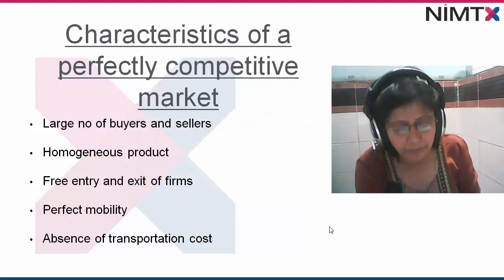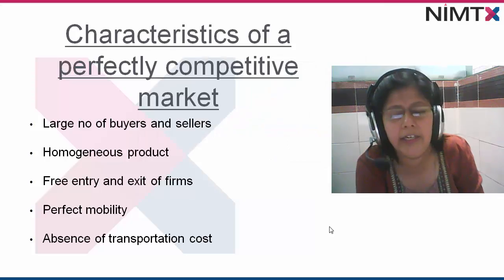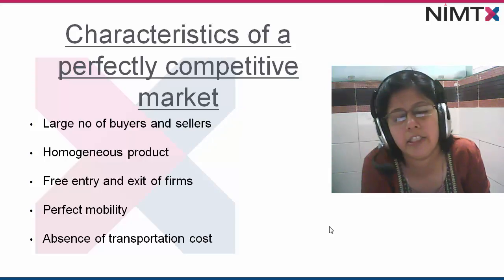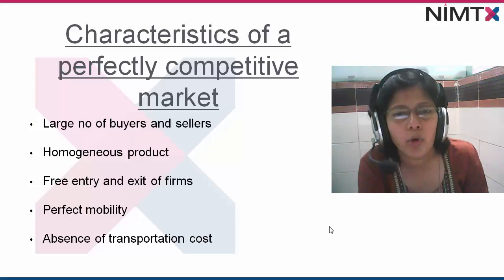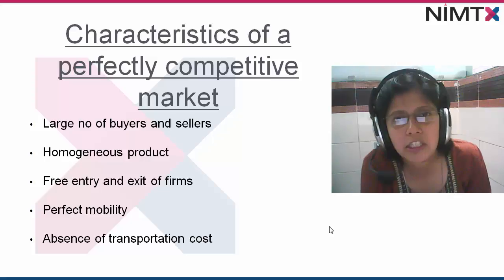Now we have free entry and exit of the firm, in that there is no barrier. Nobody can stop you from entering into that perfect competition. But in truth, it will not exist.